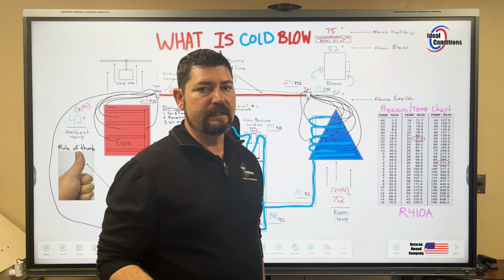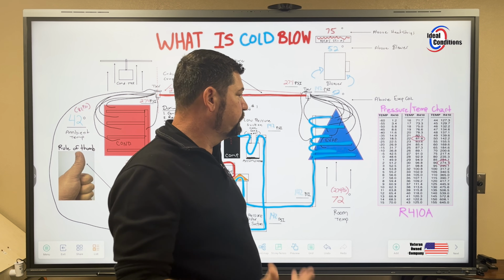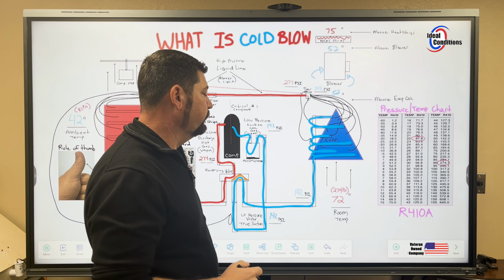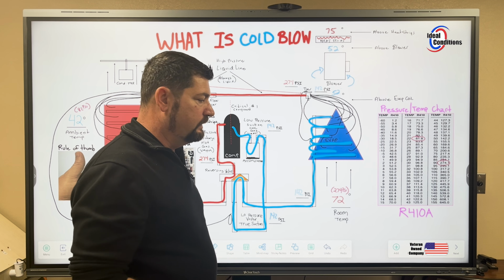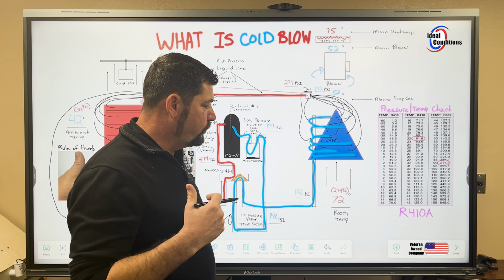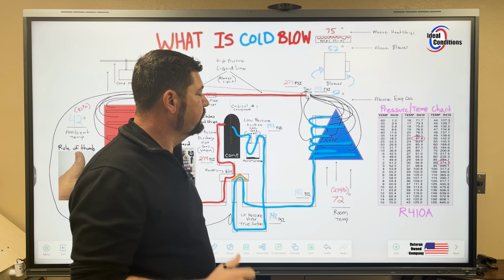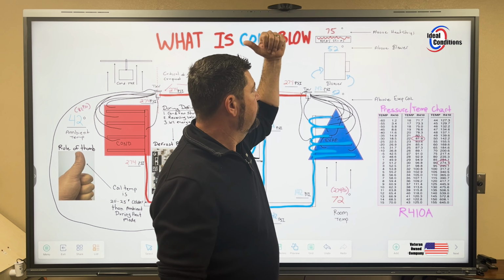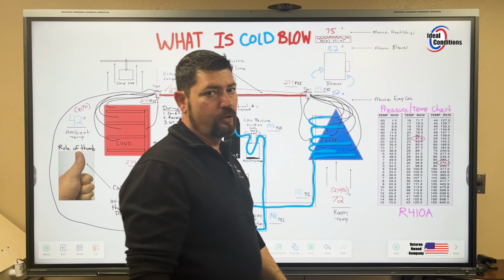During that 1 minute defrost cycle, multiple times throughout the early morning hours or late evening hours, it's just not going to shut off fast or drop the temperature. It's just going to maintain that. So you take that out of the equation and you have what's called cold blow.